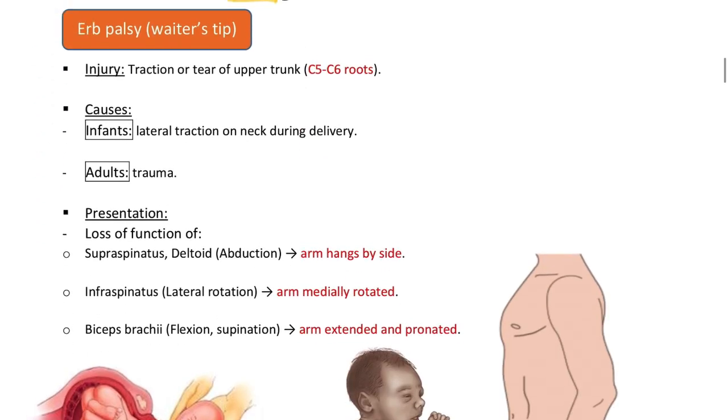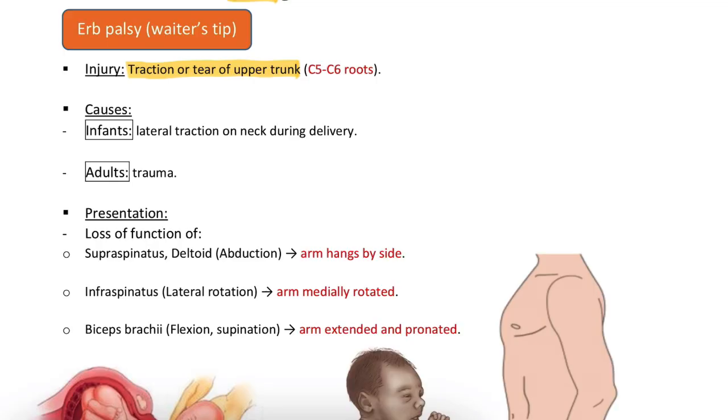In Erb's Waiter's tip, the injury is mostly traction or stretching or a tear of the upper trunk, mostly the C5 to C6 roots. If any patient got this traction, then we can see Erb's palsy or Waiter's tip.